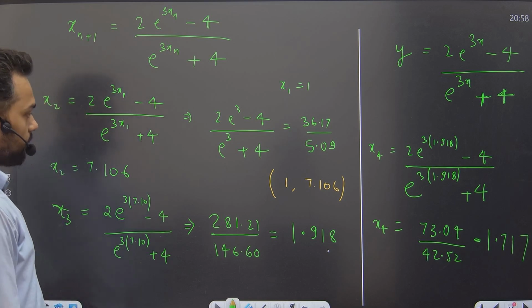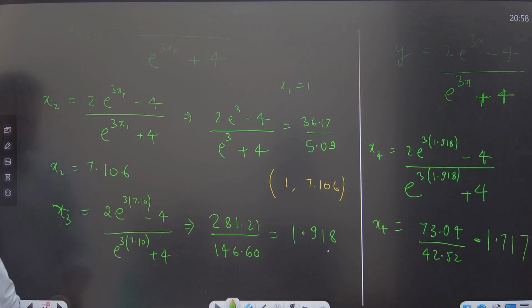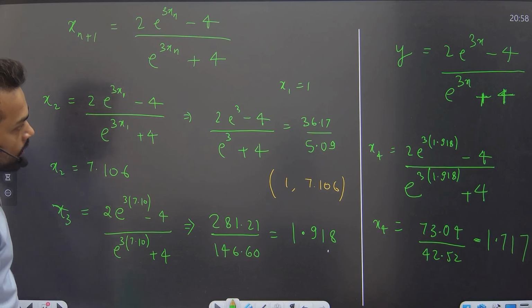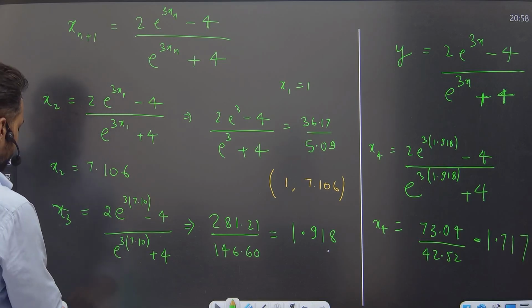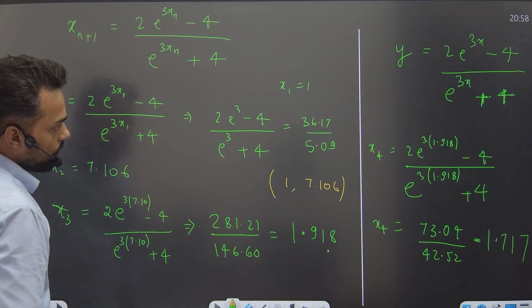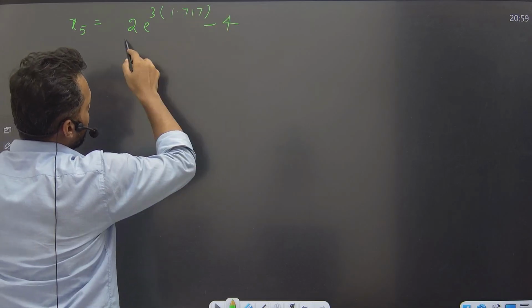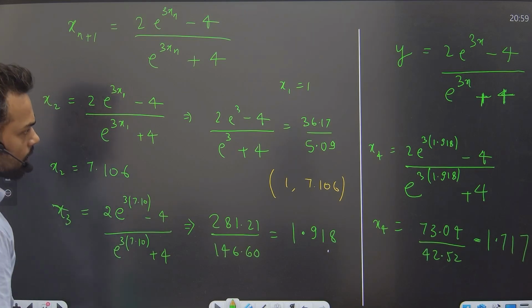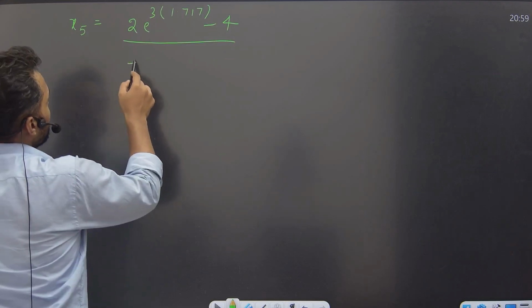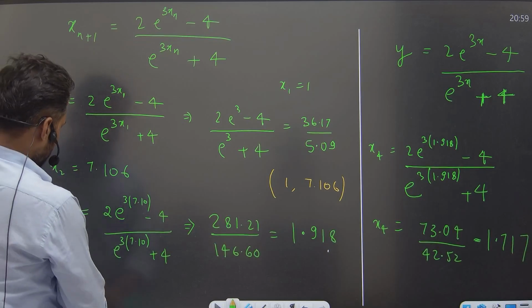Now similarly, if I want to calculate it for x5, x5 will be 2 times e^(3 into 1.717) minus 4 upon e^(3 times 1.717) plus 4.